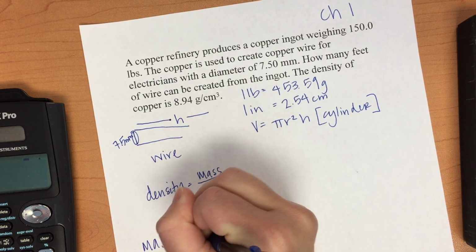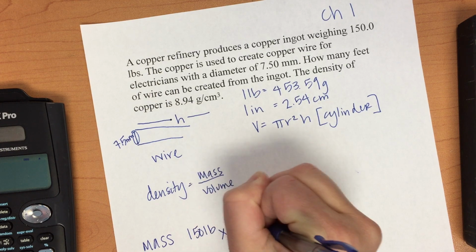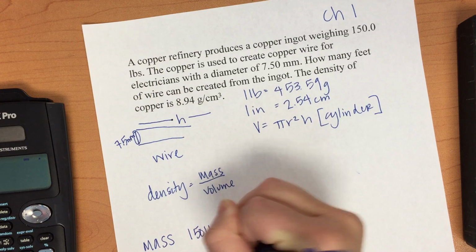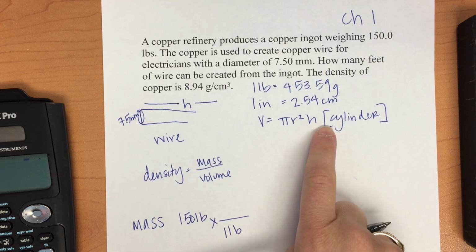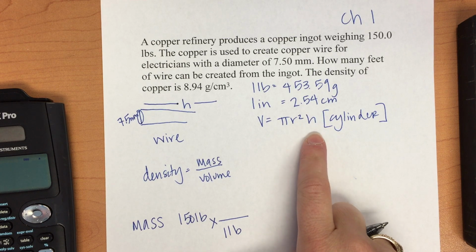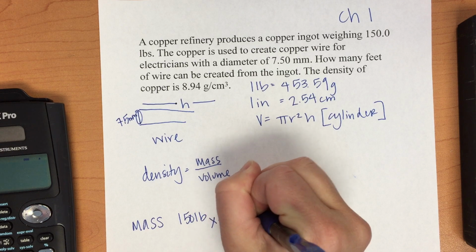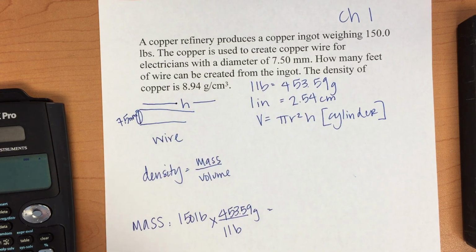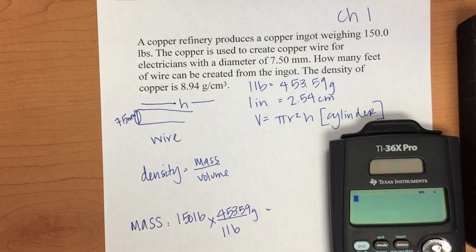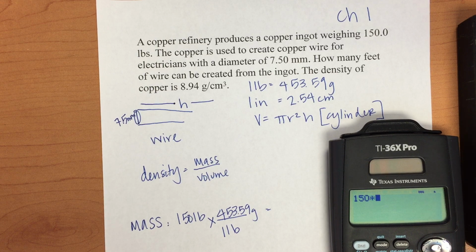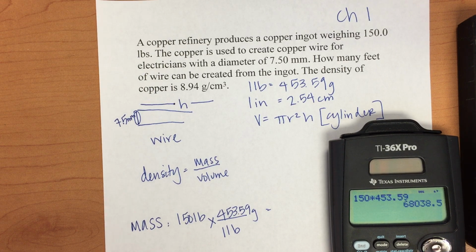So if we have 150 pounds, and we know that 1 pound, because here are our known values, this would come on an equation sheet, is 453.59 grams. And so if we plug that in our calculator, we have 150 times 453.59.